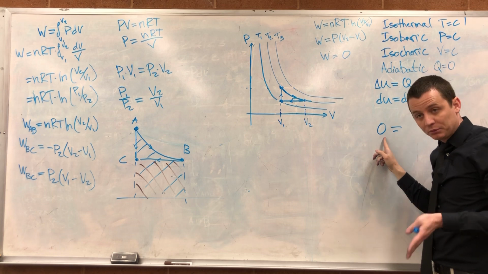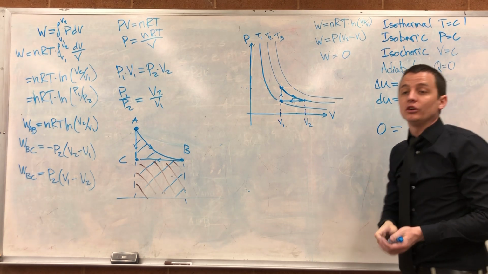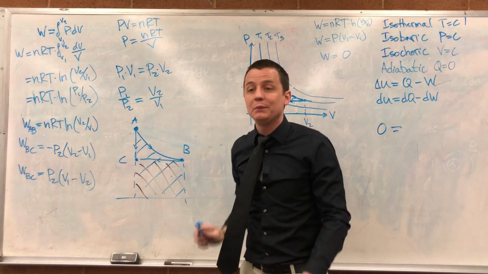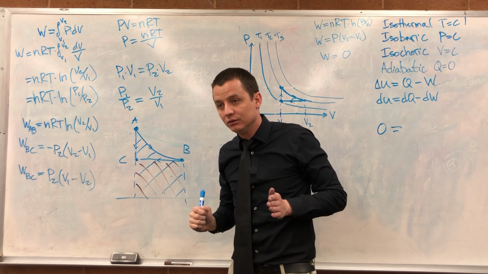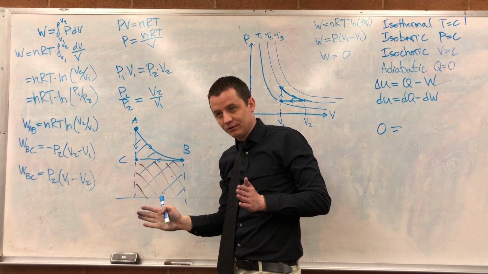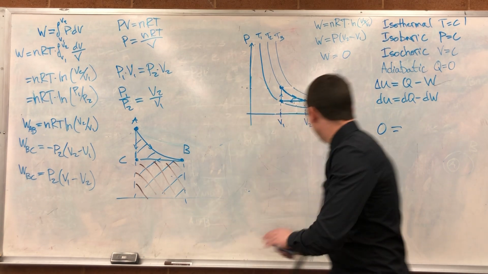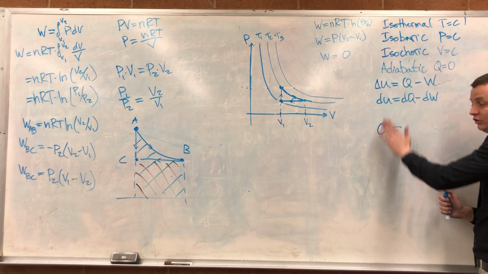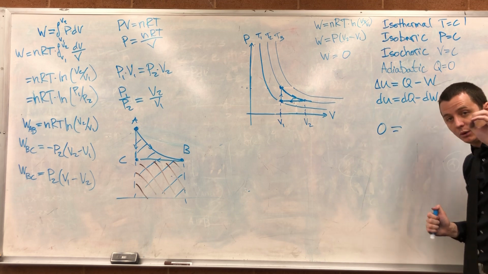You with me? Yeah. Maybe while you close your eyes I took the gas through the cycle, maybe I didn't. There's no way for you to know, because the gas is now back to an identical state. So the change in internal energy is zero.